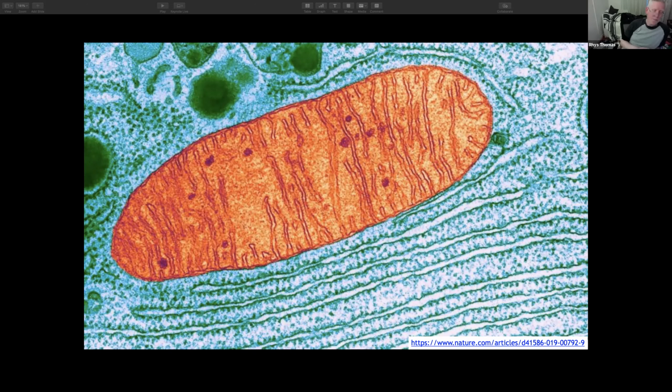Yep. Yeah, so you can see some of the structural features there. As you say, there are the membrane bilayers, and there are two of them. So there's an outer membrane, and then an intermembrane space, and then an inner membrane. The inner membrane and the outer membrane are both phospholipid bilayers.